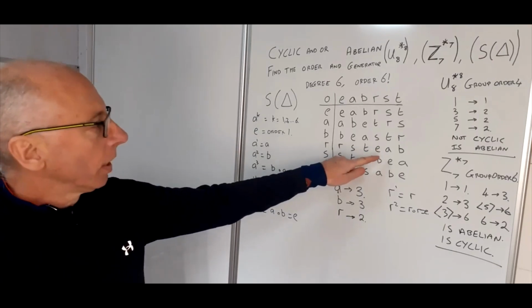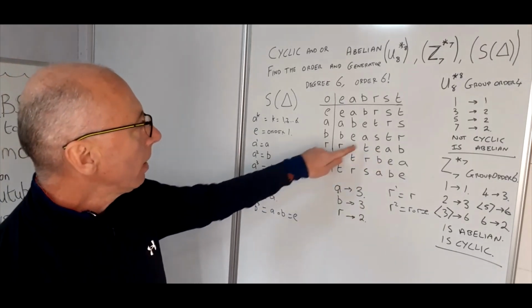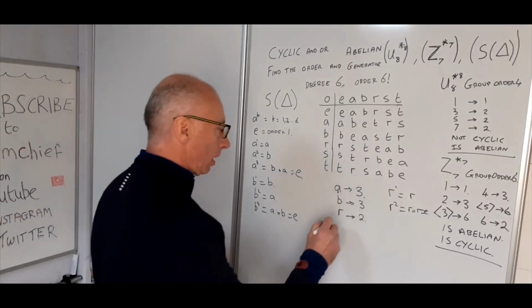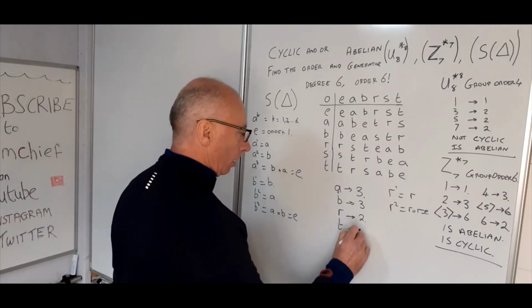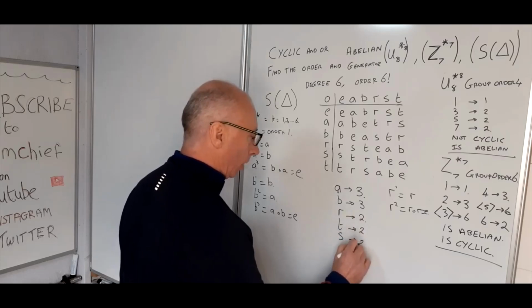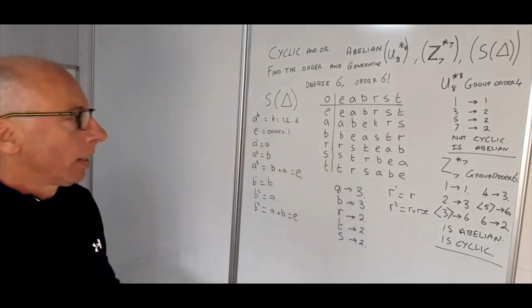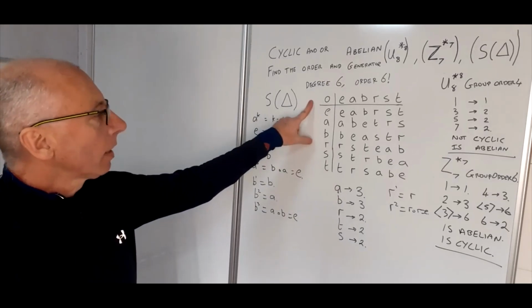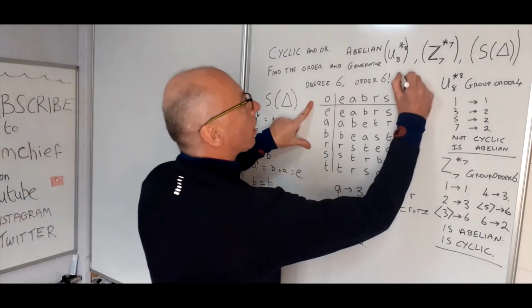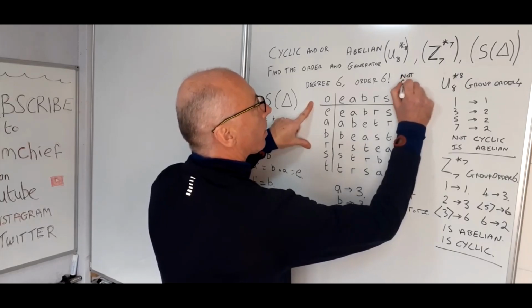And if we look closely at the group, we see that S acting on S is E, and T acting on T is also E. So T is also of order 2, and S is of order 2 as well. So we say that this group here is not cyclic. So let's write here, not cyclic.